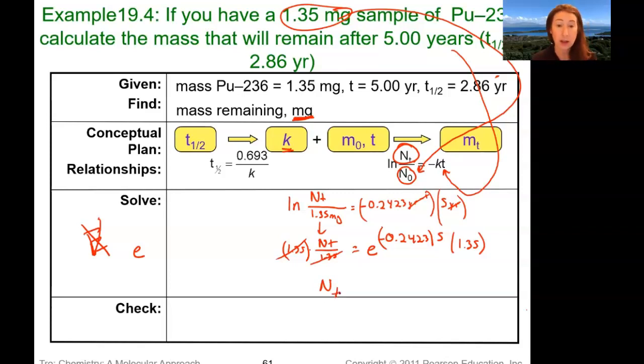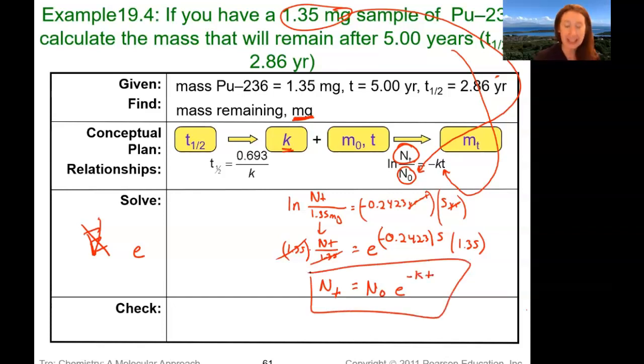Here's my suggestion: if you don't know what I'm doing with my math, which I'm sure most of you are totally fine with, learn this formula. This is N at time 0, e to the negative kt. That's what I just rearranged, right? So if you want how much is left after some time, this is the equation you're going to use. And again, you just saw I rearranged it for you.